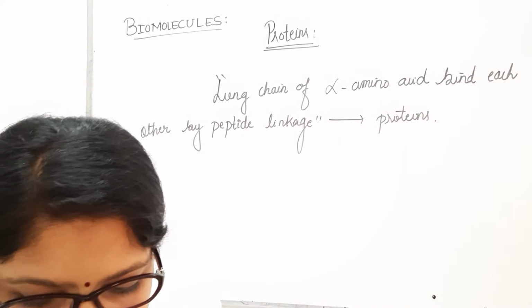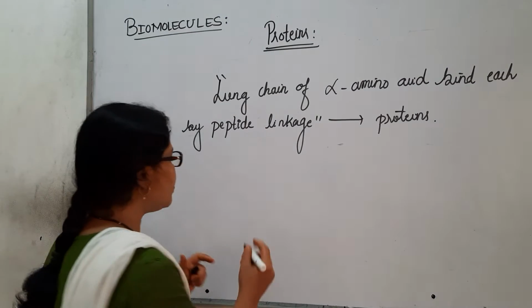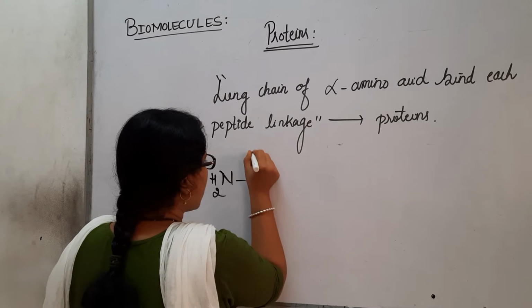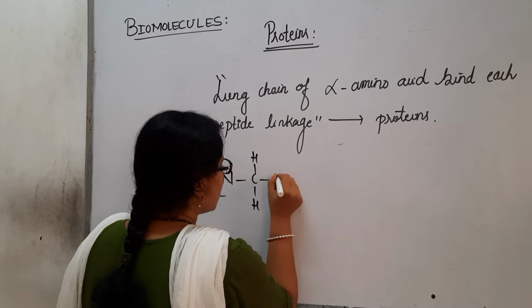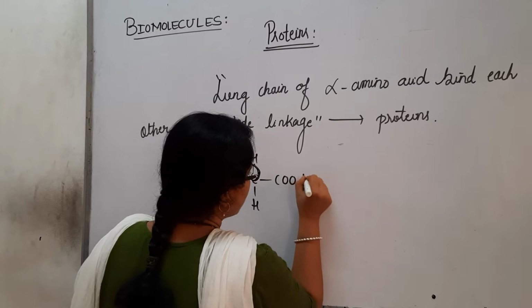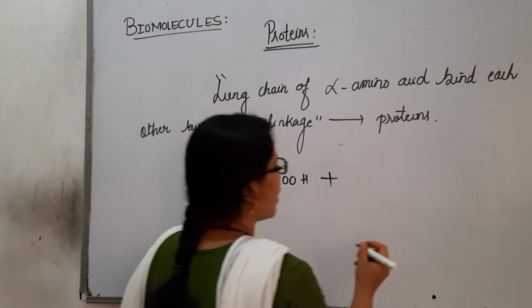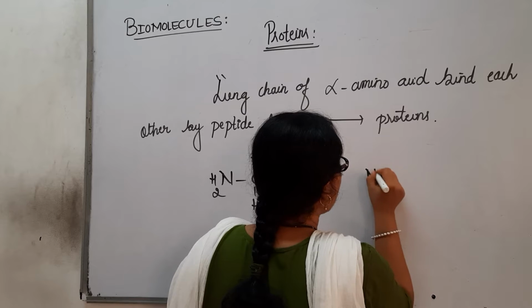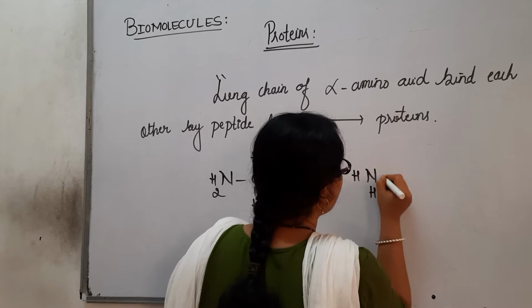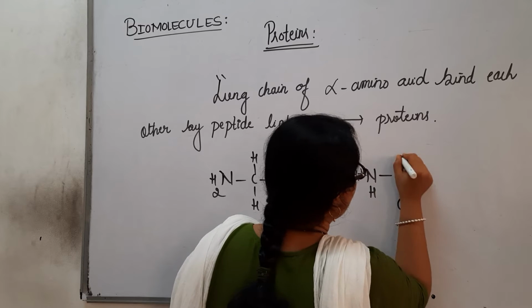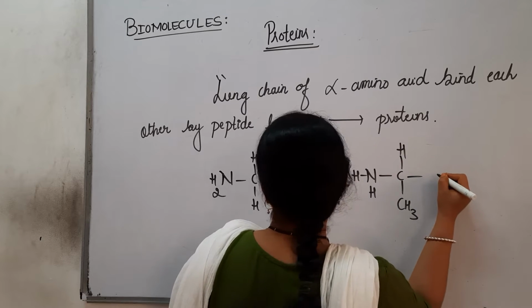So, for example, I will take an amino acid here. I have an alpha amino acid with NH2, then the COOH group, and it is going to combine with another amino acid in which I have NH2. This is further bonded to different substituent groups.